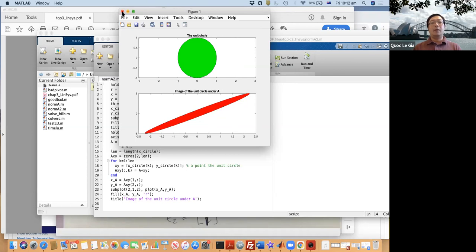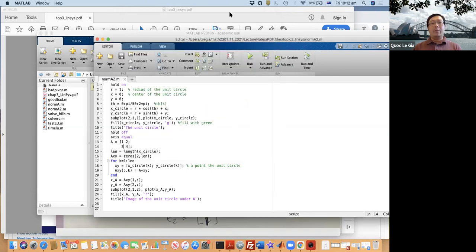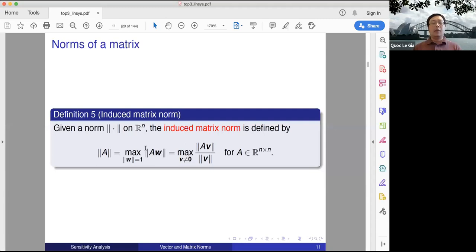So got it? Now we go back to the slide again. The slide says this is my matrix norm. You take the point W on the unit circle, you apply the linear transformation, and you get some oval shape, and you take the maximal radius, and that gives you the norm of the matrix.